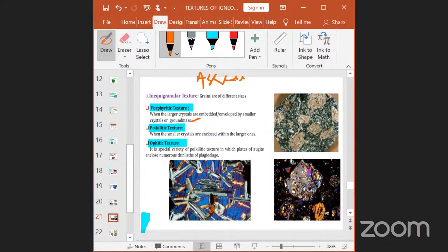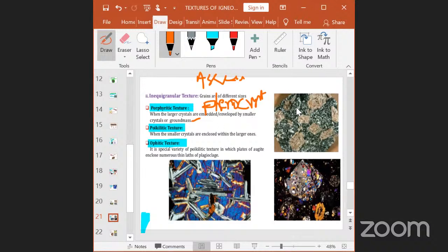In this, the large grains are surrounded by a groundmass consisting of smaller grains or smaller glassy pods. The large grains are termed phenocrysts. Remember this word. The texture is visible both megascopically and microscopically, right?